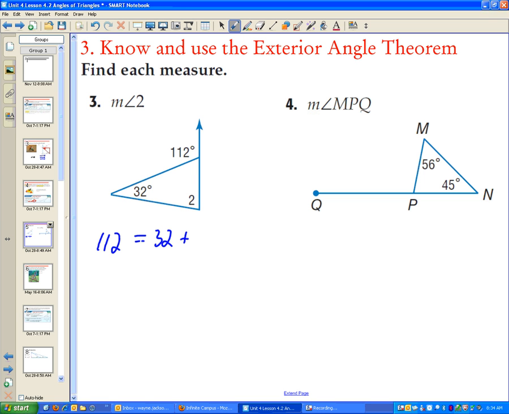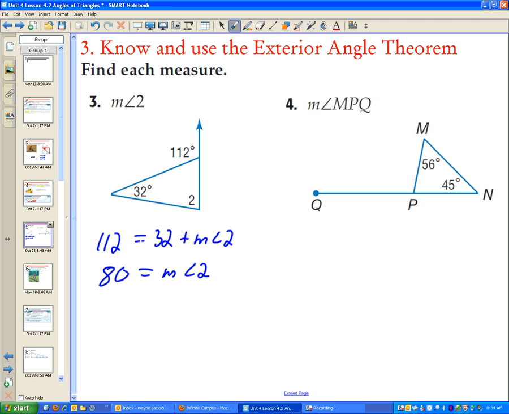So 32 plus whatever the measure of angle 2 is. So all I need to do is subtract 32 from 112, isn't it? What is 112 minus 32? It's 80. So 80 equals the measure of angle 2.